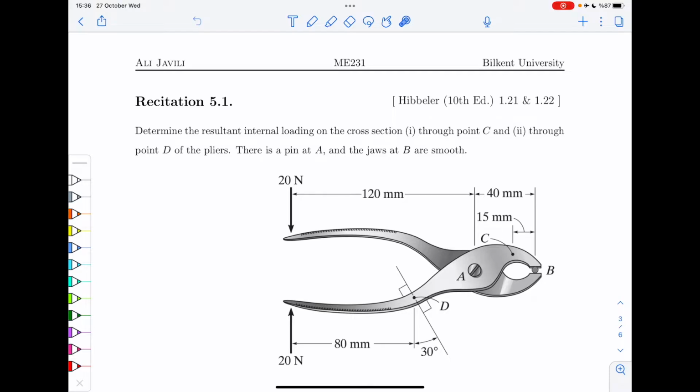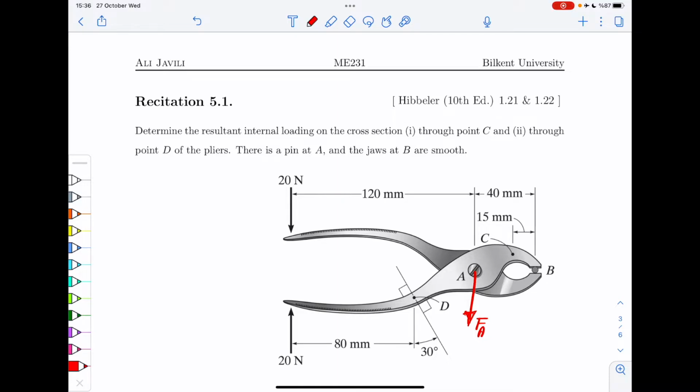So there is a force, which is completely internal, by the way, but when you look at the part closer to us, we would see it as an external force. So let's call that FA. Okay? So this is a force from the pin to the part in front of us, or closer to us.